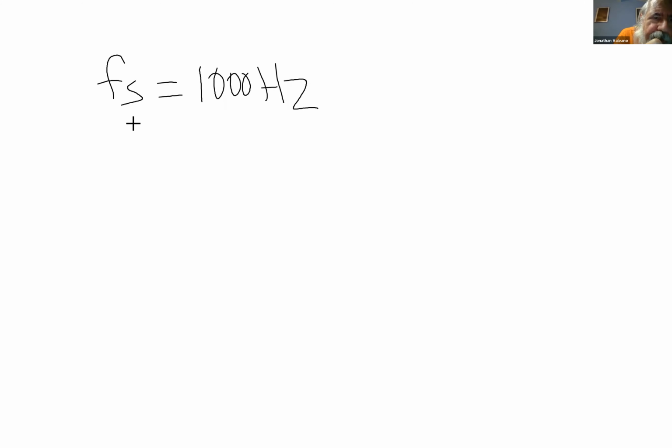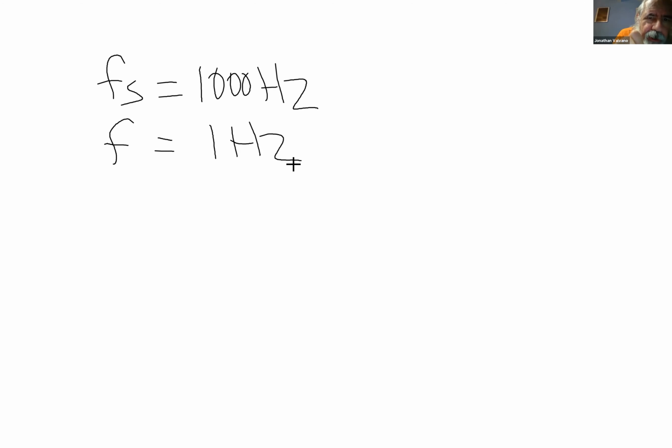Let me do a demonstration. Let's go back to Fs equals 1000 hertz, and let's put in F equals 1 hertz first, and you can see this is going to be fine.